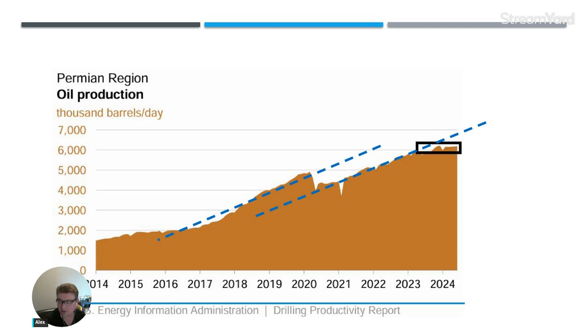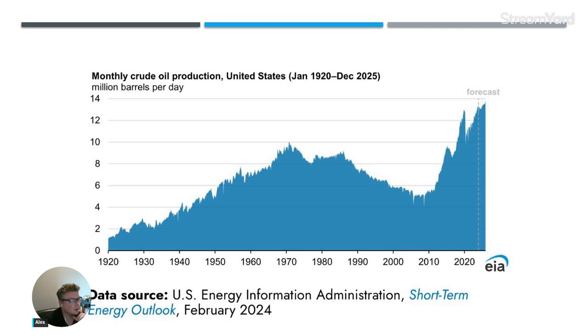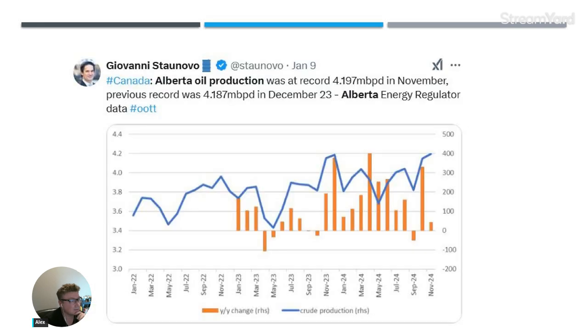The Permian by itself is about 6, Alberta 4.2, oil production in the US north of 13, Saudi Arabia about 10, Russia close to 10. So is Alberta playing a big role in oil production globally? I would say so.